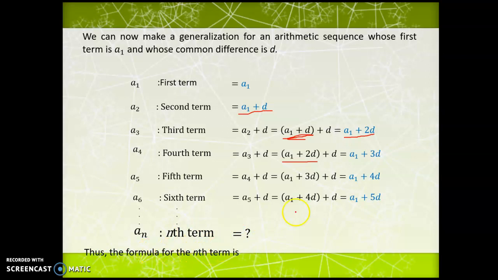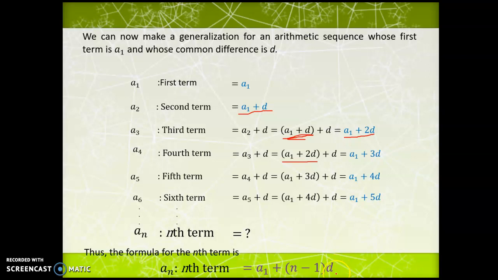Thus, the formula, with that particular example and the conclusion earlier that we only subtract 1 from n, therefore, the formula is the nth term is a sub 1 plus a quantity n minus 1 times d.